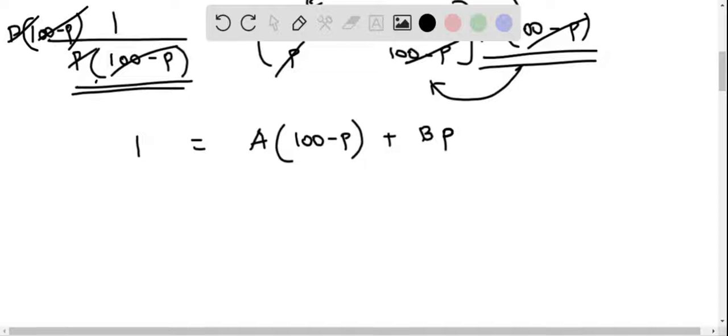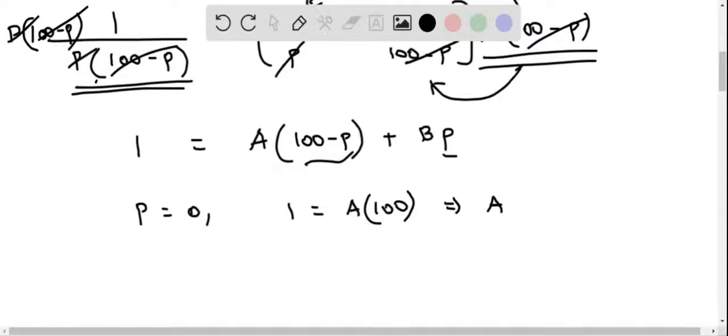I'm going to put some values for P and determine A and B. Let's say P equals 0. We get 1 equals A times (100 minus 0), which is 100, plus B times 0, which is 0. So we have the equation 100A equals 1.